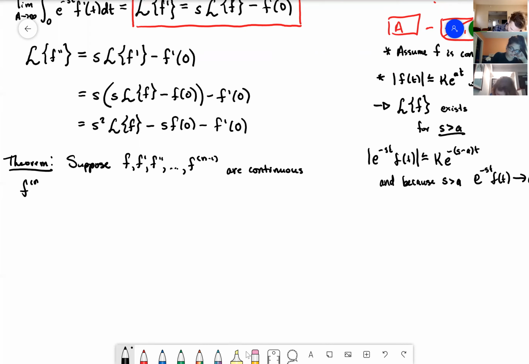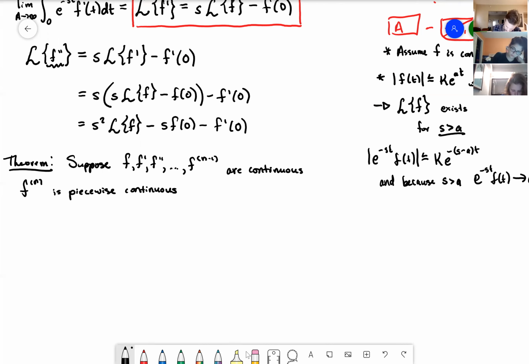And that the nth derivative, the highest derivative that we're looking for, is piecewise continuous. We only needed that this thing was piecewise continuous. It doesn't even have to be continuous.